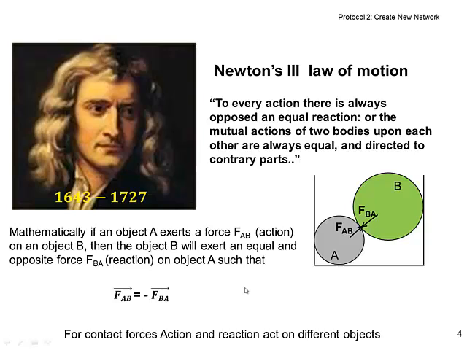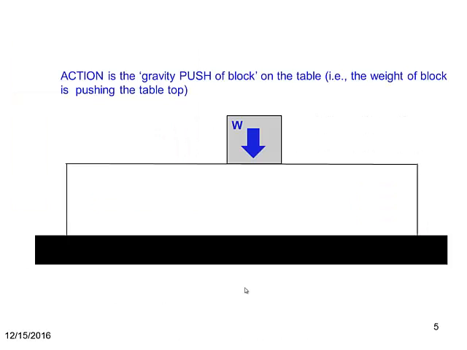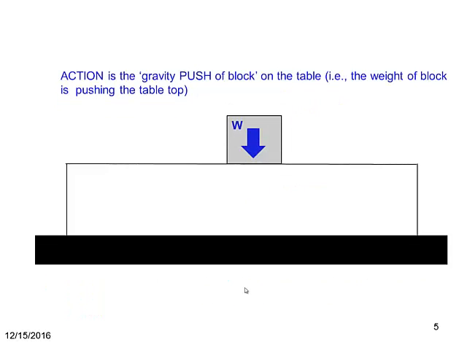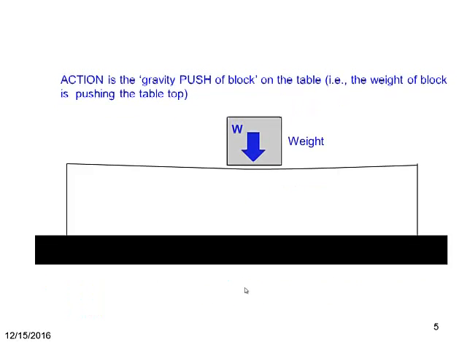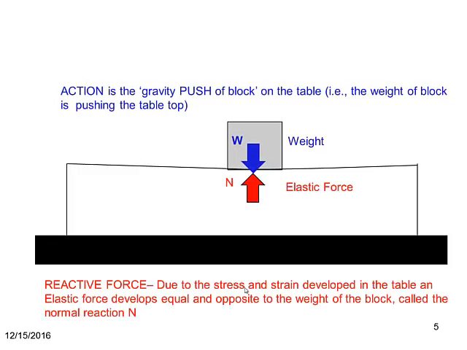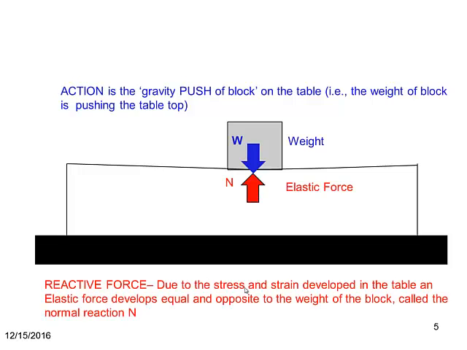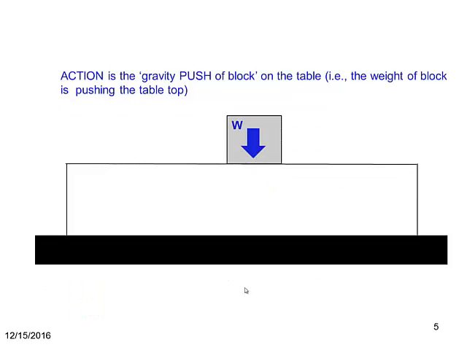Consider a block of mass m resting on a table. Action is the push of the block on the table. This push is caused by the gravitational pull of the earth on the block, which is the weight of the block. This push due to weight creates a very small deformation on the block, and due to this a reaction acts on the block from the table.